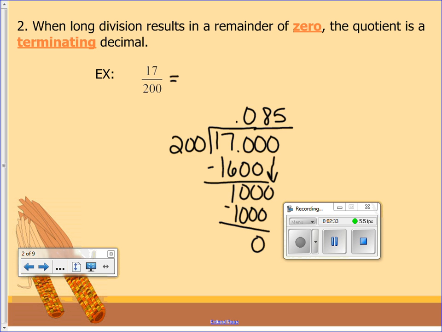Note that when we take 17 divided by 200, in decimal form, 17 over 200 is equal to 0.085. It is called a terminating decimal because the remainder is 0. They do not have anything in their remainder.